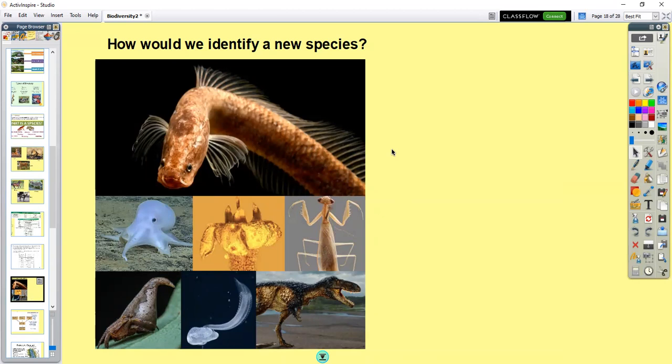Is it eukaryotic? You could look at its biochemistry and take some samples in terms of its biochemical basis, and do they contain carbohydrates, lipids, nucleic acids, and proteins that you find in other organisms? What's its DNA like or similar to in terms of other organisms? So we can class or group things into the same sort of species that we already know.